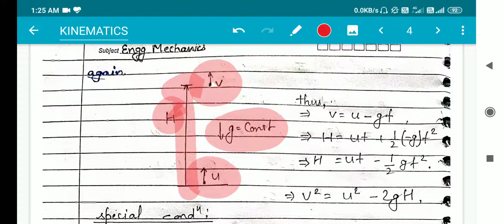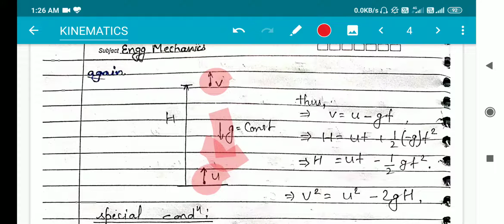But we have to notice that the direction of gravity is downward, while the direction of final velocity and initial velocity is upward. So you have to be careful while using the equations of motion.